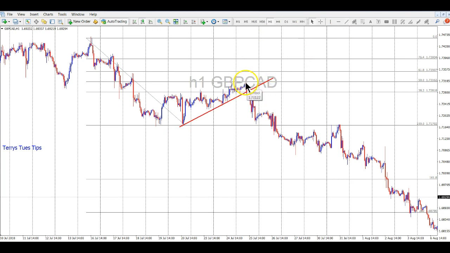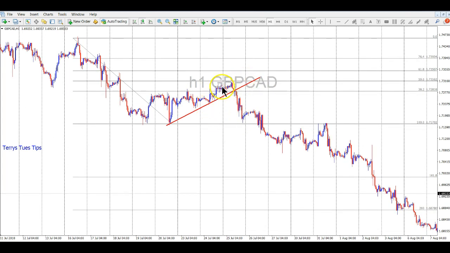And then once it bounces off that 50 and breaks that trend line, your entry could be there, and your stop loss, your choices are just above that 50, maybe the 618, or up here above the high, your choice.